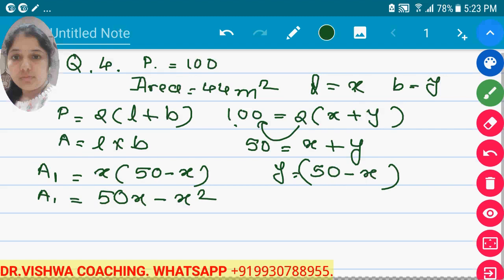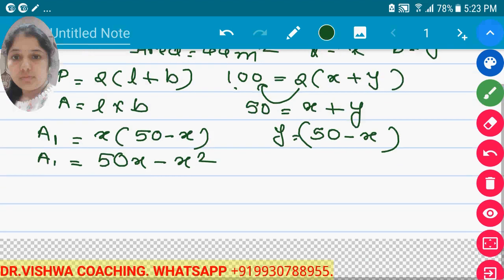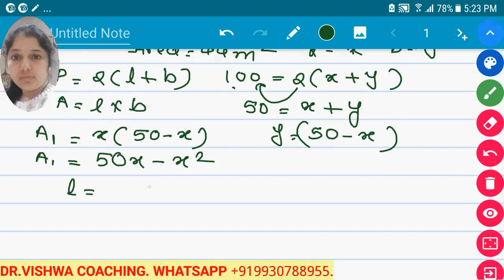Now the condition is length is decreased by 2 centimeter. Okay, so the new length will be, length 2, I say it will be x minus 2.